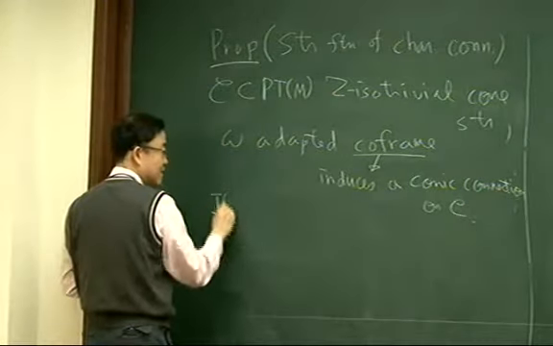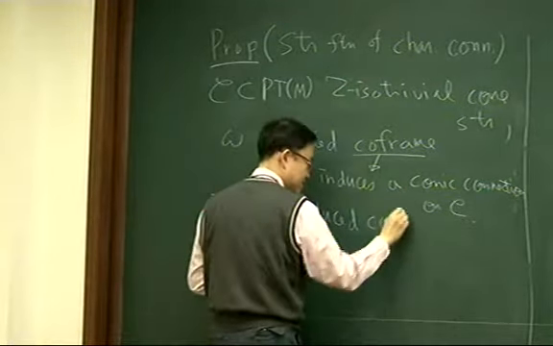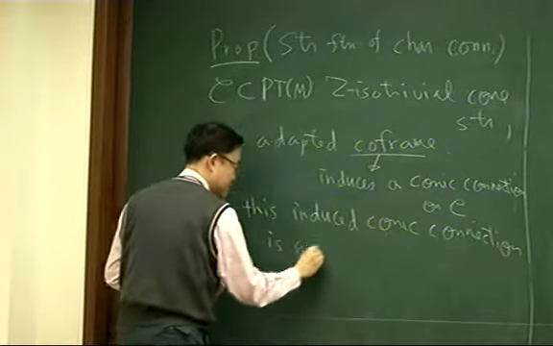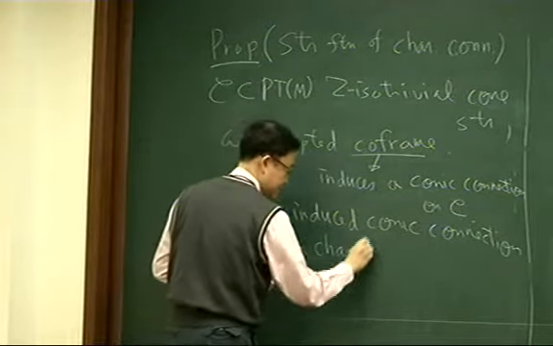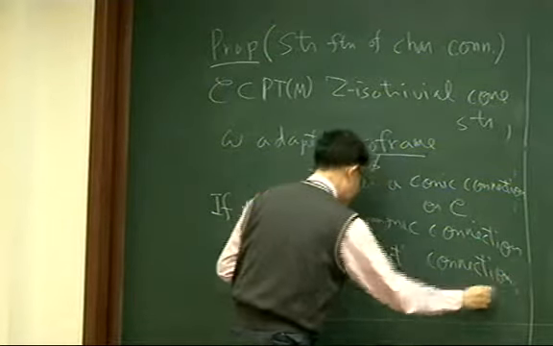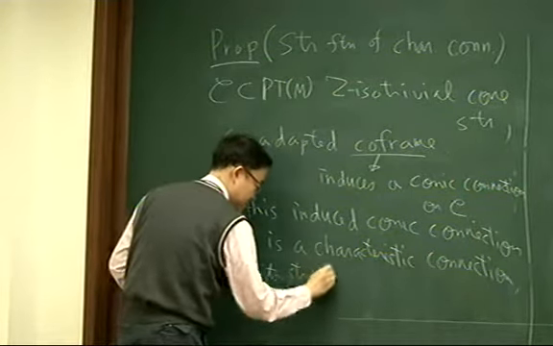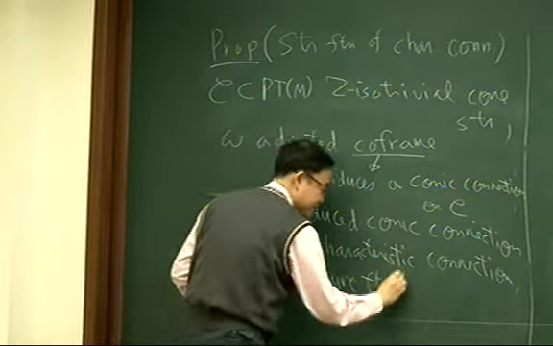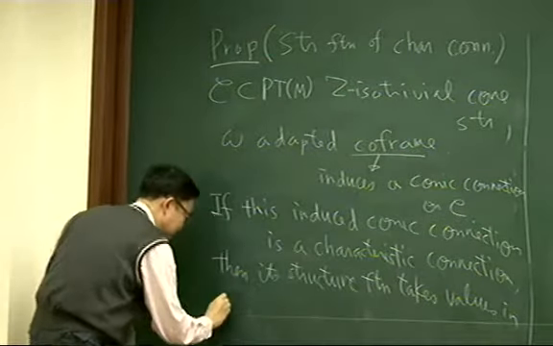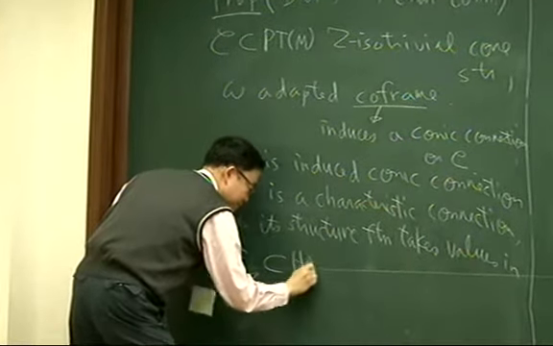Now, if this induced conic connection is a characteristic connection, then its structure function takes values in the following subspace. So this is now Z, and this is inside the Hom.